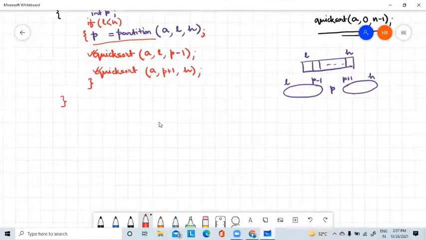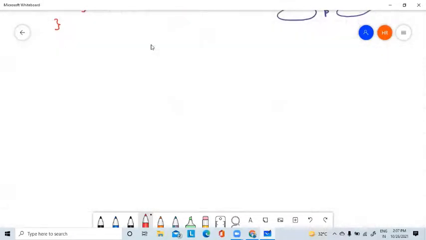Okay, so now the partition function, since it is returning some integer value, will be like this. It will return an integer value, then the function partition.